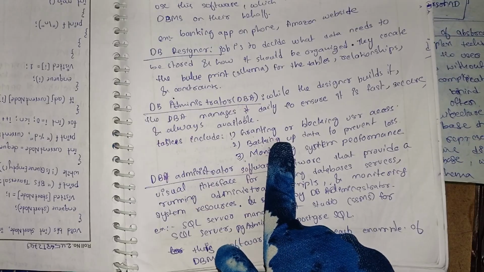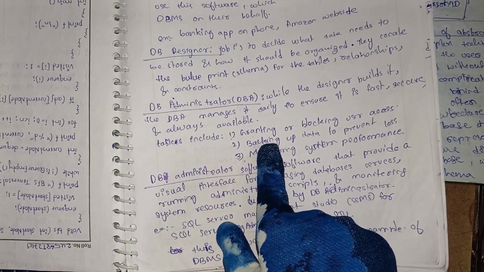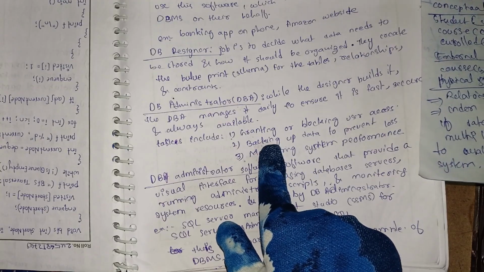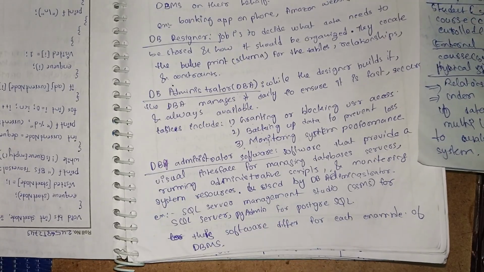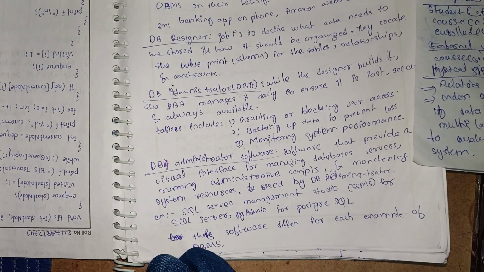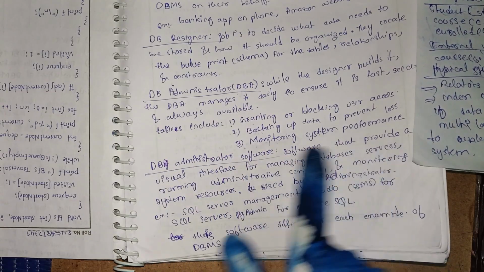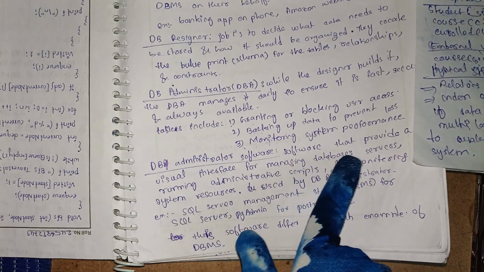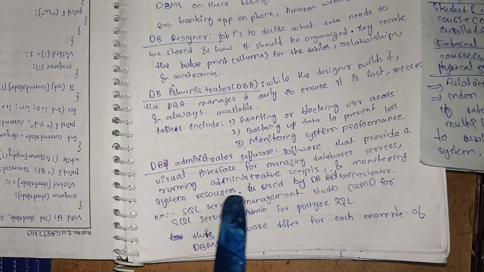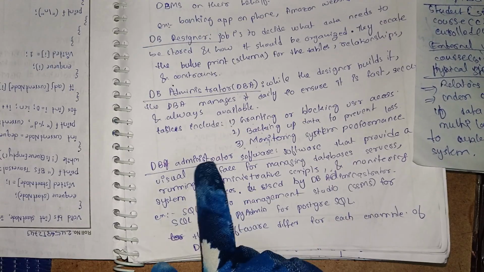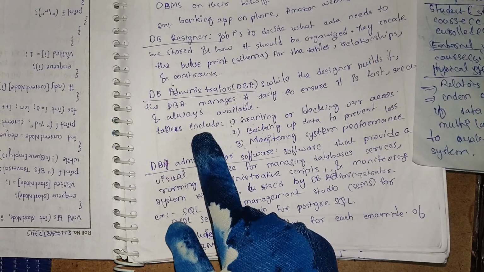This second one is possible because a DBA takes copies of the database daily. That's why backup is possible. And then there is software that provides a visual interface for managing database servers, running administrative scripts and monitoring system resources. This software is used by the database administrator.